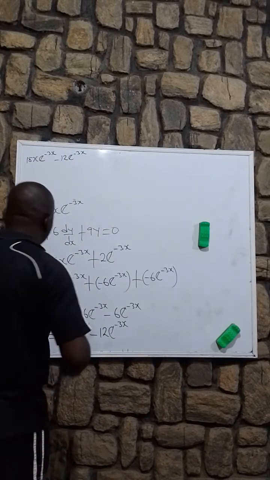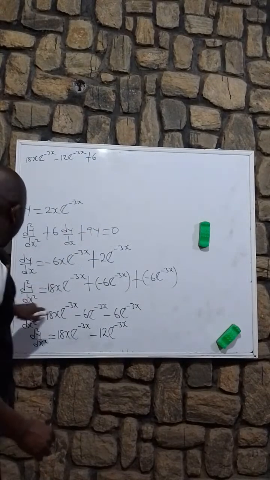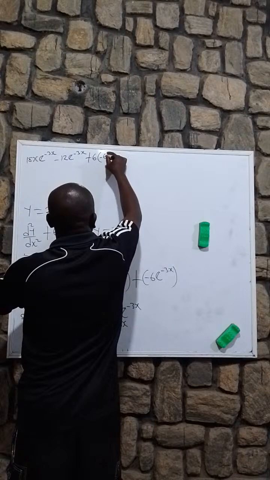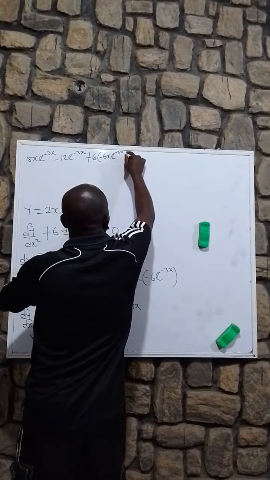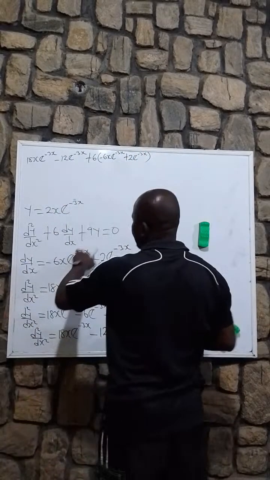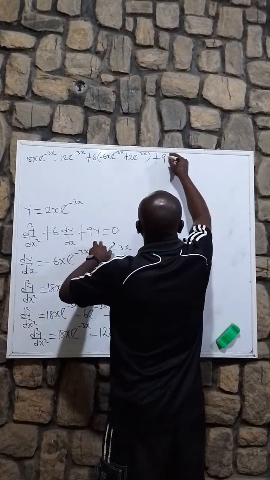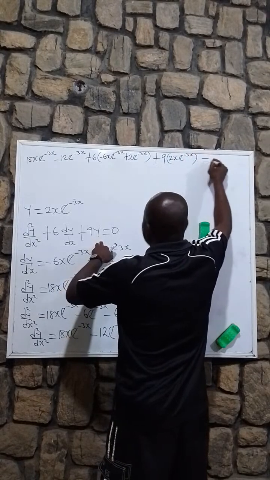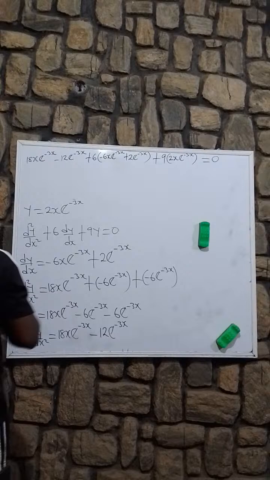Then what we have here plus 6 times dy over dx is this: open bracket minus 6x exponential minus 3x, then plus 2 exponential minus 3x, close bracket. Then what we have plus 9y. What is y? y is open bracket 2x exponential minus 3x, close bracket, which is equals to 0. Okay. Let us multiply out the bracket.